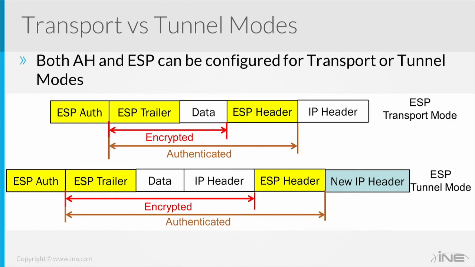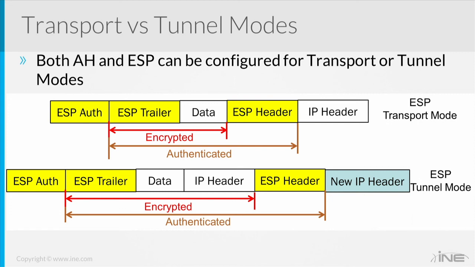A few other things I want to mention about this. Transport mode, the one where the header is exposed, is typically recommended when IPsec is run from peer to peer. So for example, if you were initiating the IPsec connection on your laptop and you were doing IPsec all the way to maybe a banking web server or something at the other end, then you would probably be using transport mode.